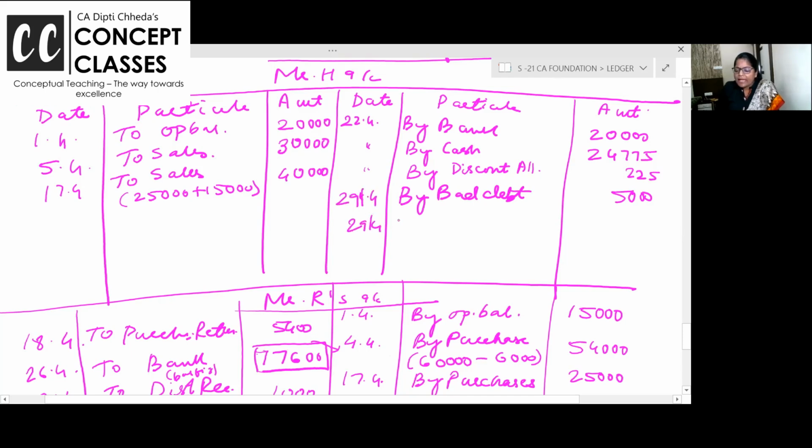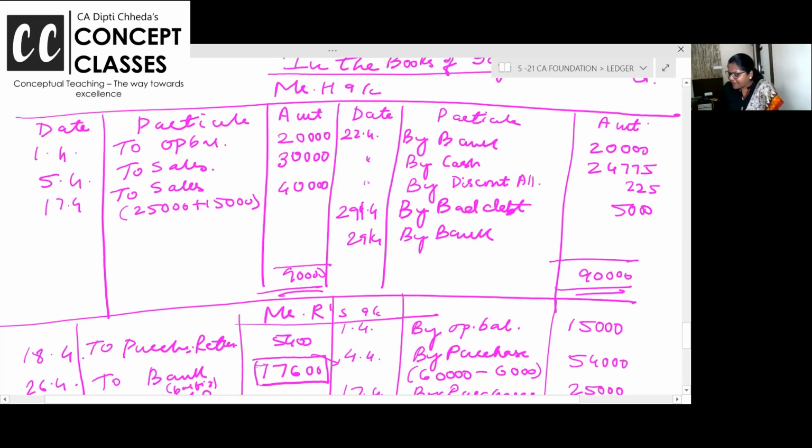So on the 29th of April, can we receive rest all the payment in bank? Yes. Do the total. One line upar, two line niche. 90,000. Out of 90,000, 45,000 is settled. 5,000 is bad debt. 40,000 you have received.